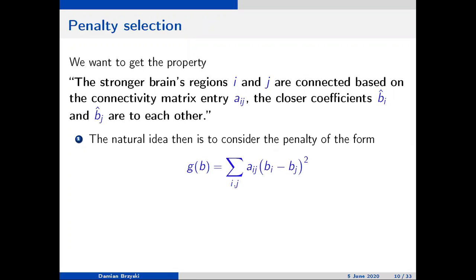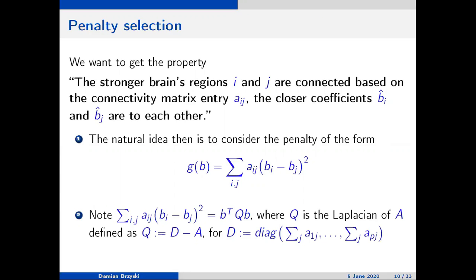Okay, so when you stick to this kind of penalty, you will have exactly the tendency which you want. I mean, the larger the coefficient here, so the stronger the connection between brain regions I and J, then the stronger you are penalizing the difference between these coefficients. So there will be the tendency that the resulting coefficients will be closer to each other.